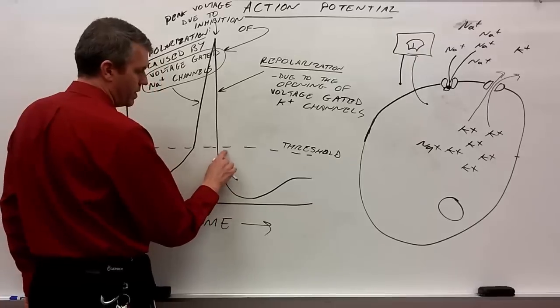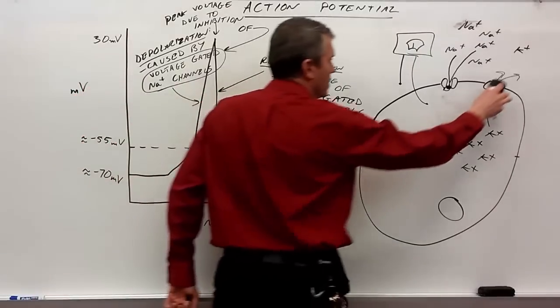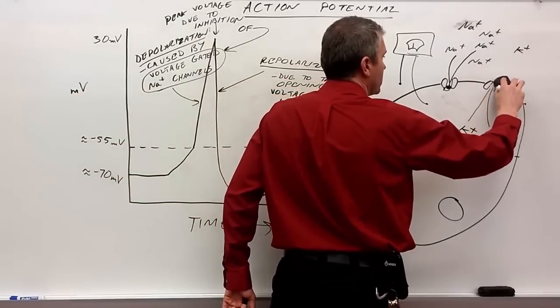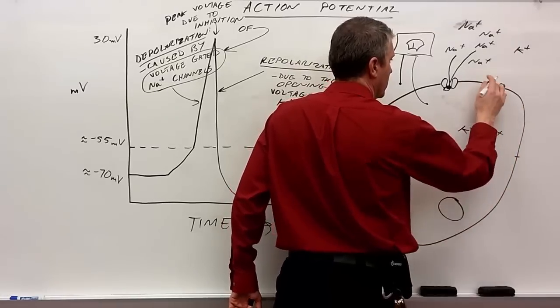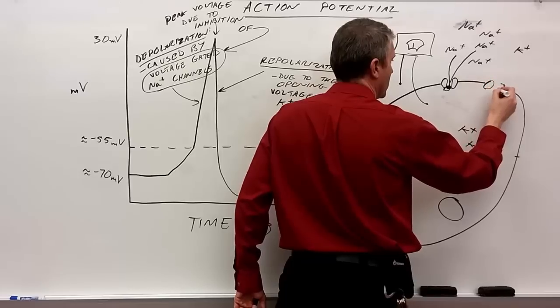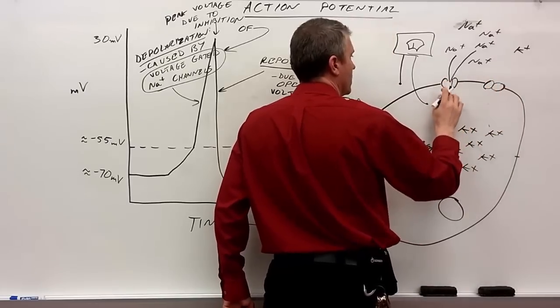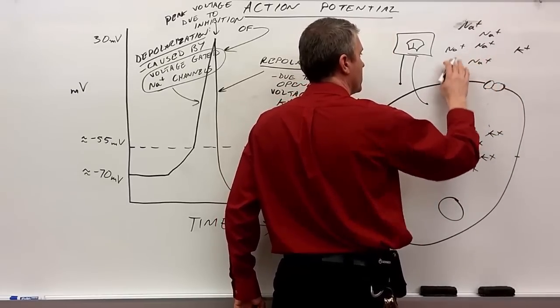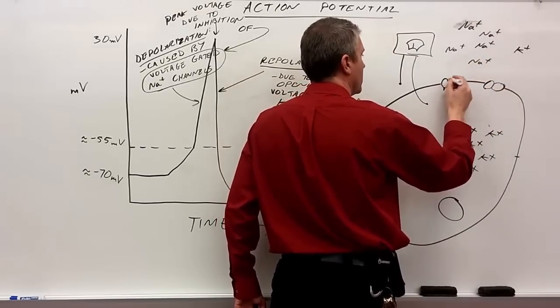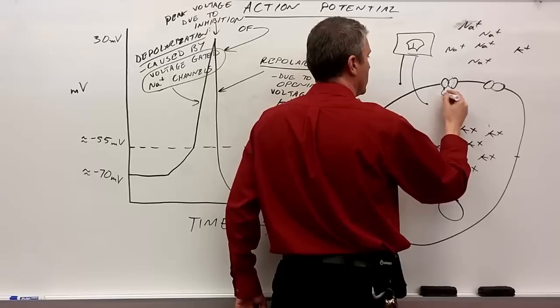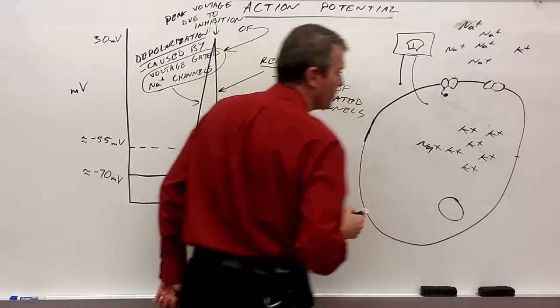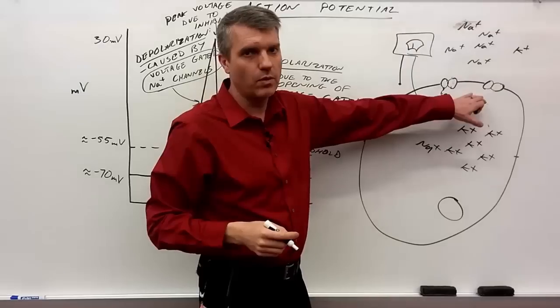So if I take it down here below threshold, we basically go back to the state that these channels were in before we started. And my sodium channel goes back. And the inhibition gate is back to where it was before. They're ready to do this whole thing over again.